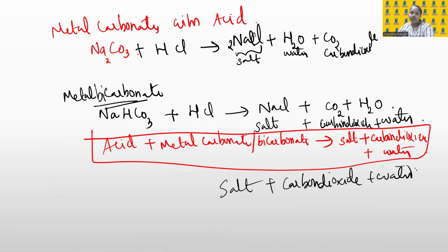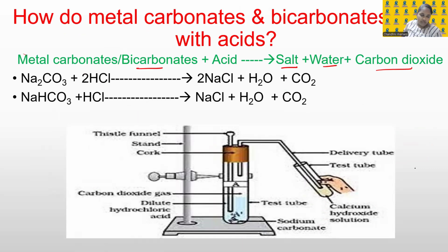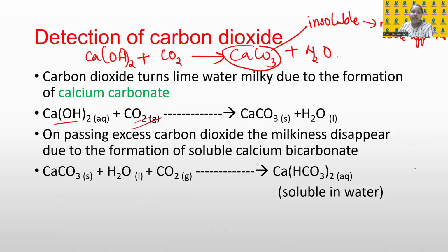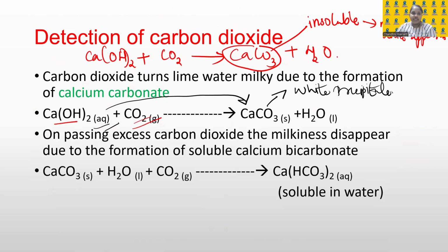We need to prove that the gas evolving is carbon dioxide, so we pass it through lime water, which is calcium hydroxide solution. If the calcium hydroxide changes to calcium carbonate, giving a milky white precipitate, we can confirm that the gas passed is carbon dioxide.